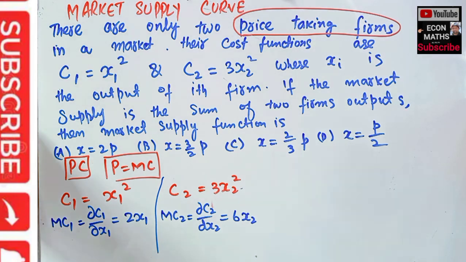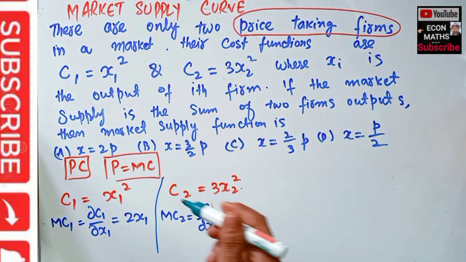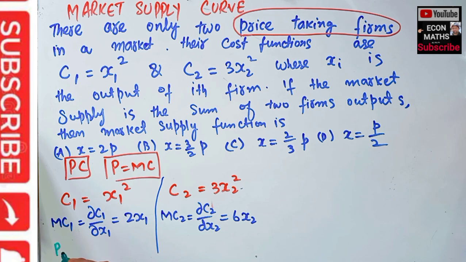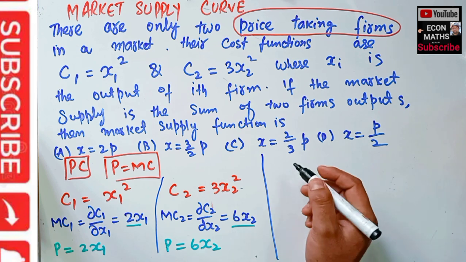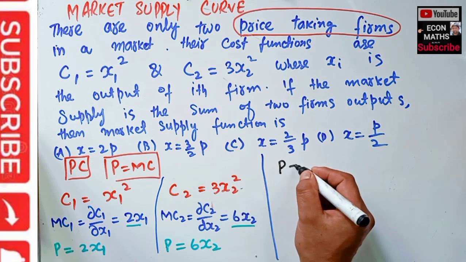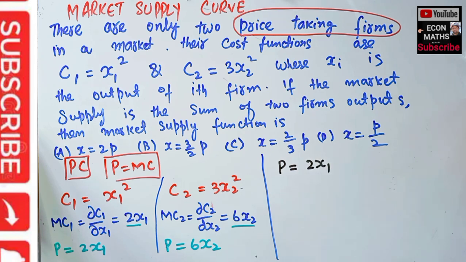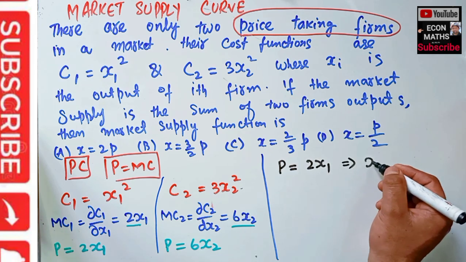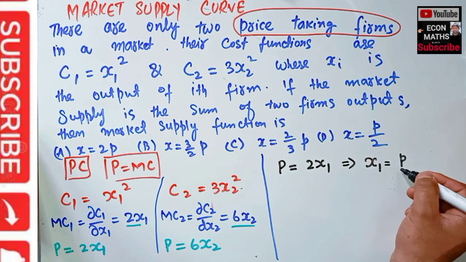Now each firm will equate price with marginal cost. That means the price for firm 1 will be equal to its marginal cost, 2x1, and firm 2 will also equate price with its marginal cost, 6x2. Let us rewrite it. Price is equal to 2x1 for firm 1, which implies x1 is equal to p upon 2.